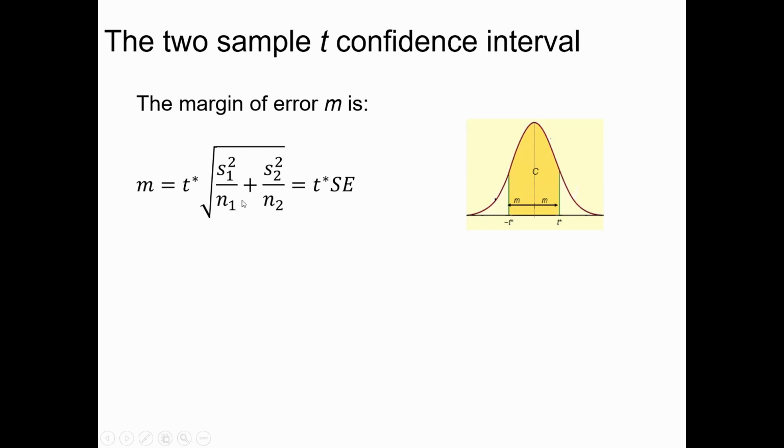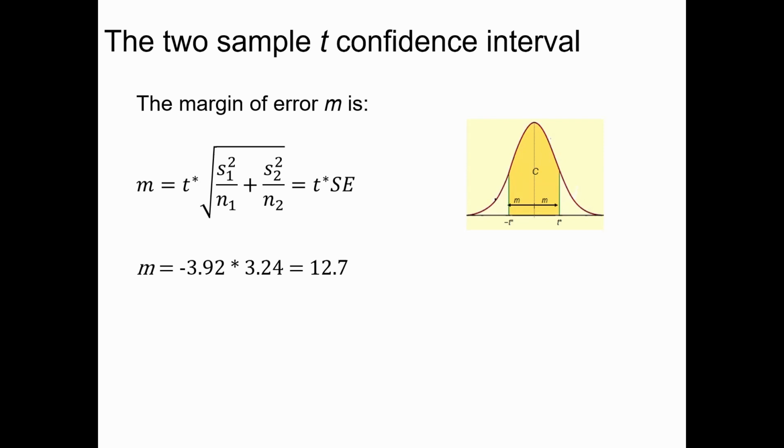We saw this before. This is just the standard error, the standard error of the difference between the means. So it's just the t times the standard error. Same thing we did last week, actually. And that gives us our confidence interval.